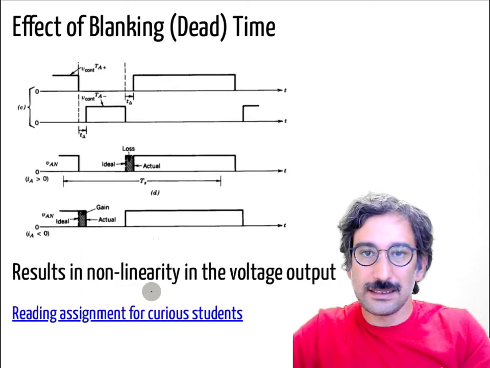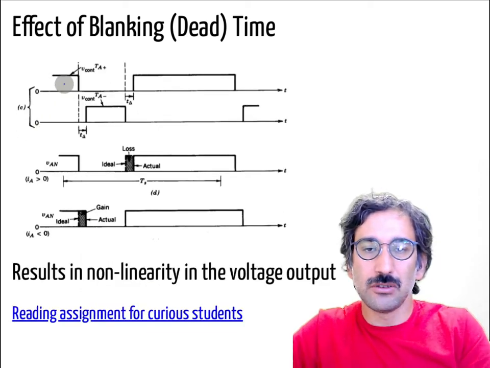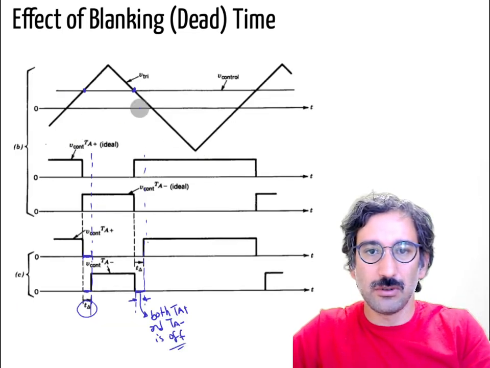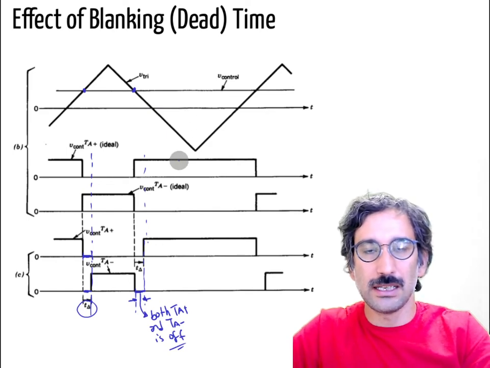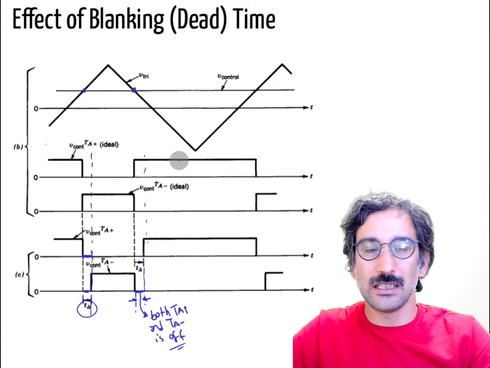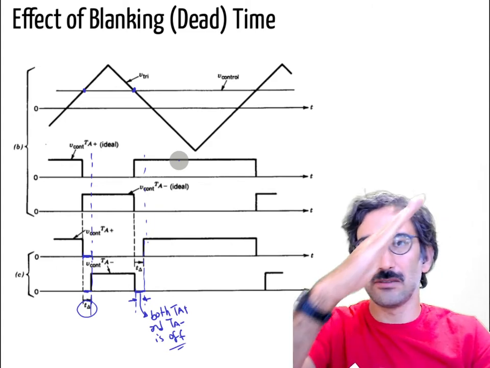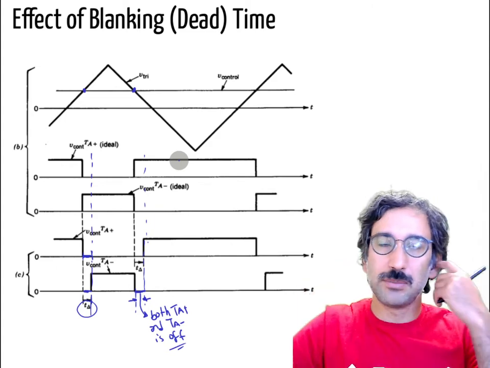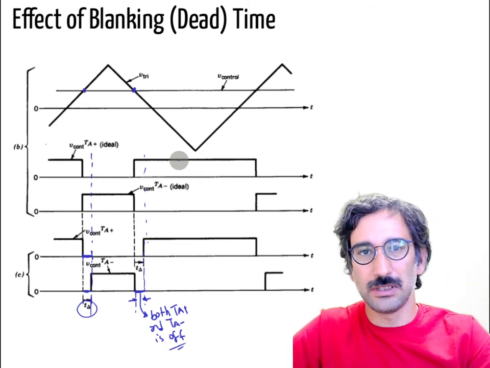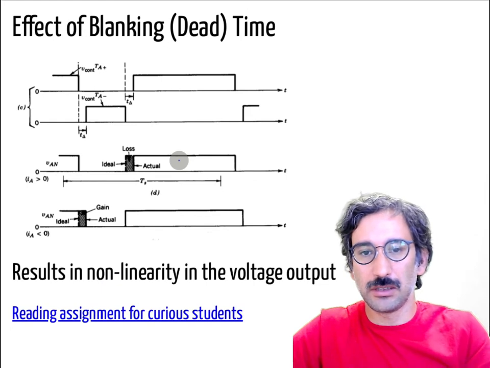The effect is normally that you are comparing your reference voltage with a triangular waveform, and you adjust your duty cycle accordingly. If you are in the linear modulation range, the PWM signal magnitude changes linearly with the magnitude that I would like to give.